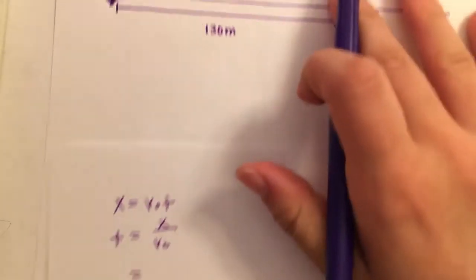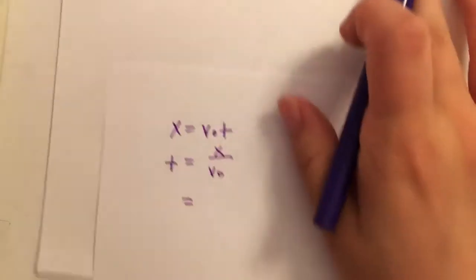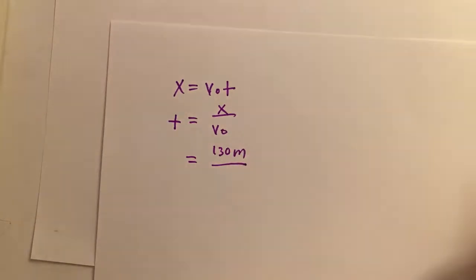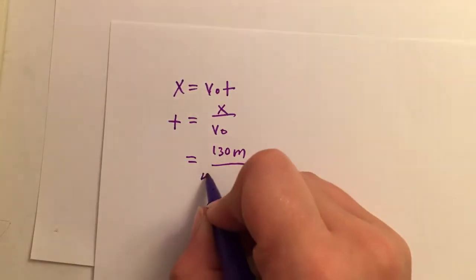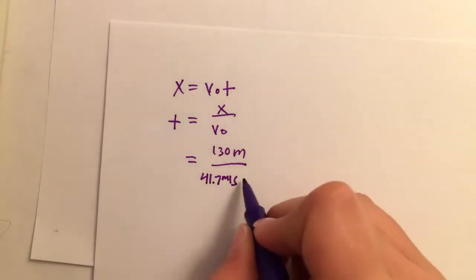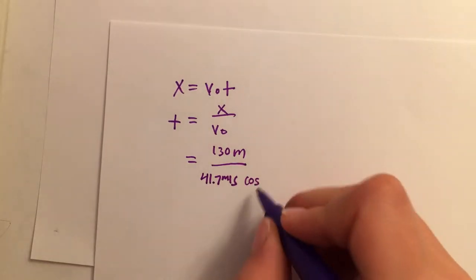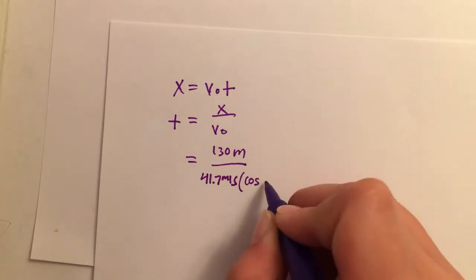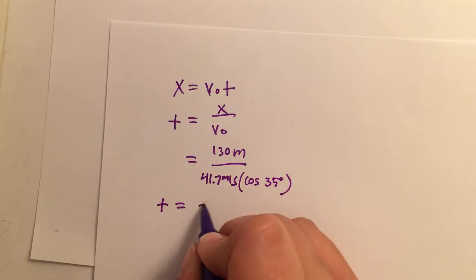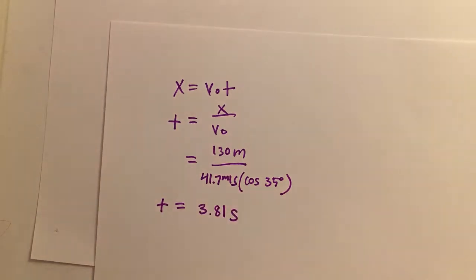The distance is 130 meters, so 130 meters over, and we just found the initial velocity, which is 41.7 meters per second. But remember, this is the x direction, so remember to break it up into its x component, and to do that, just multiply it by cosine 35 degrees. Put that into a calculator. 3.81 seconds is your answer.